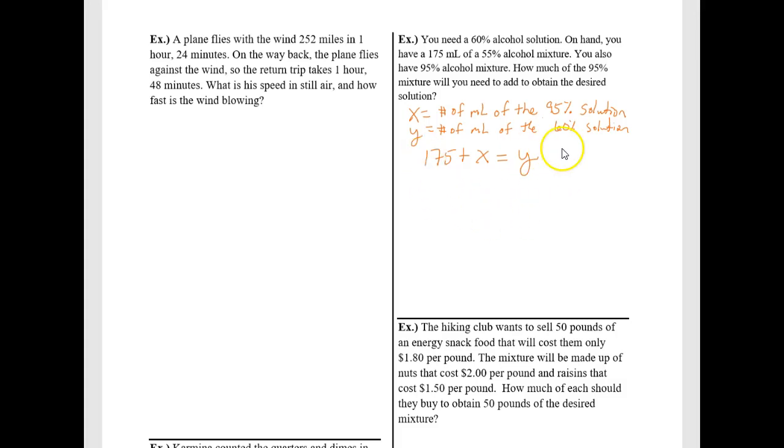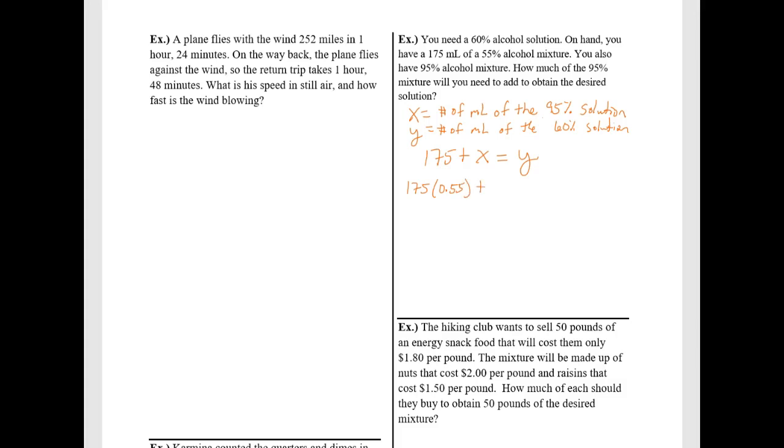Now that I have that equation, I can deal with the percents of alcohol in each one. It's going to be the amount times the percent. Amount times the percent will equal the total amount times the total percent. So I have the 175 and the percent of alcohol was 55%, as a decimal.